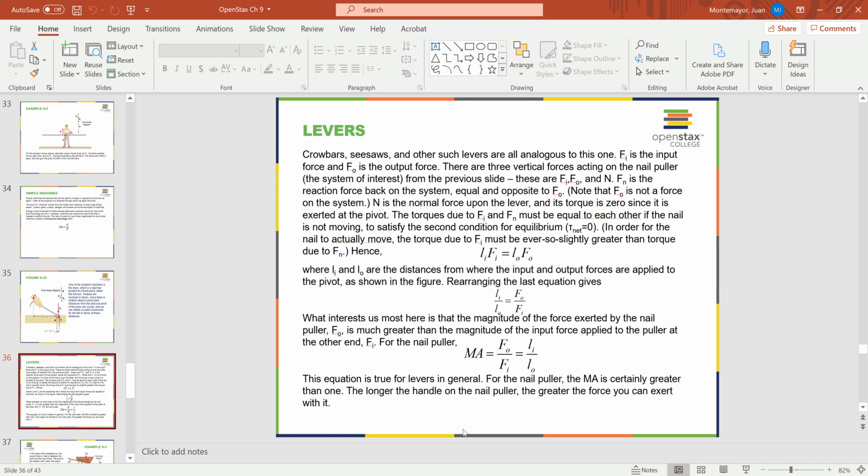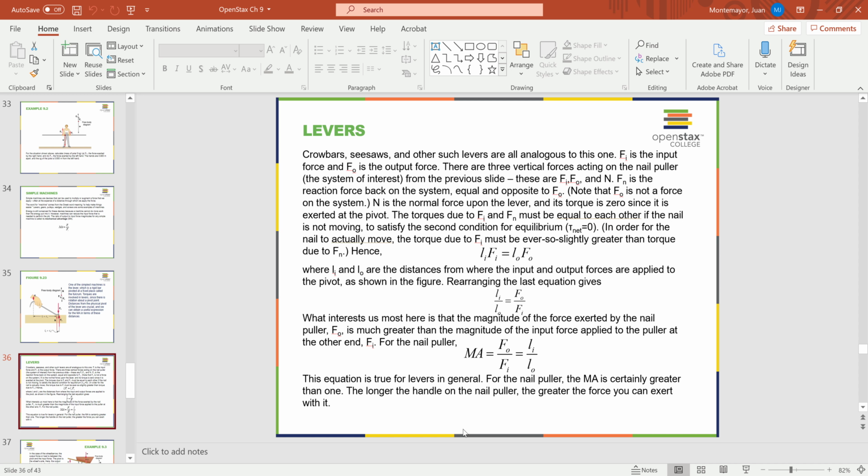Regarding the last equation, if we put all of our variables together, we have Li over Lo equals Fo over Fi. What interests us most here is that the magnitude of the force exerted by the nail puller, Fo, is much greater than the magnitude of the input force applied to the puller at the other end, Fi.